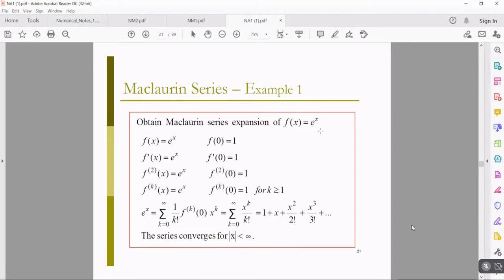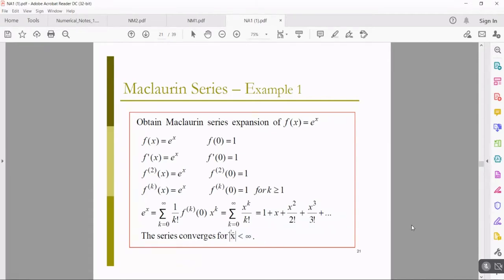Then here are some examples. Let f(x) equal e raised to power x. Then obviously f(0) is 1, f dash of x is again e raised to power x, so f dash at 0 is again 1. Then f double dash of x is again e raised to power x, and f double dash at 0 is again 1, and similarly f^k(0) is 1. So this is our Maclaurin series expansion of the function e raised to power x, and we know that this series converges if the absolute value of x is less than infinity.